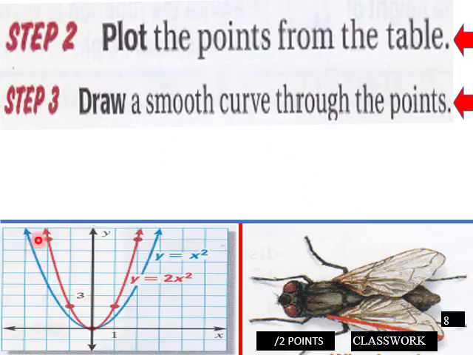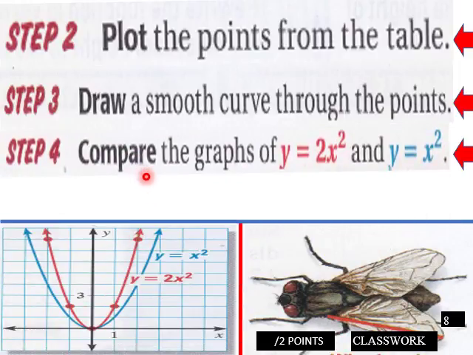Plot the points from the table. So here is your plot for y equals 2x squared. It's a little bit steeper, or they call it a vertical shrink. This parabola, y equals x squared, is a little bit flatter. This is y equals 2x squared, and these are plots from your table.